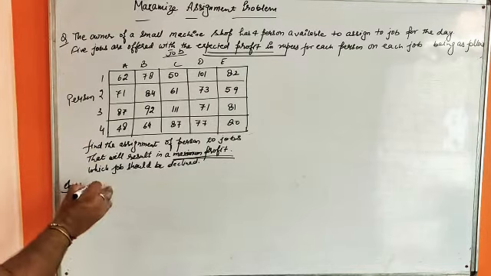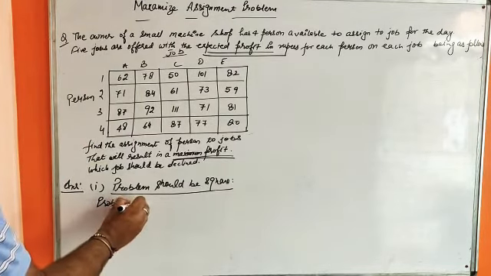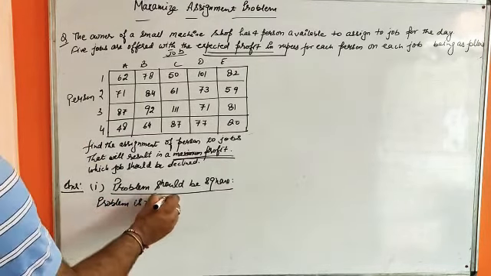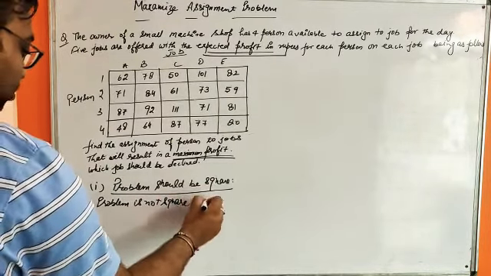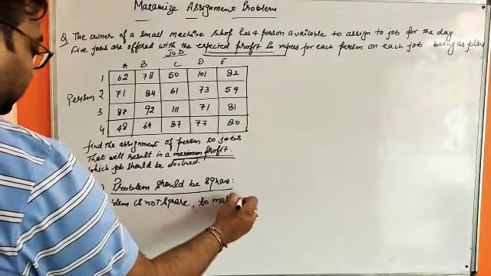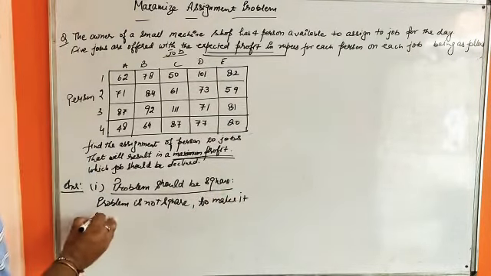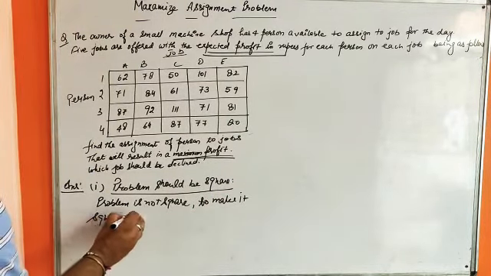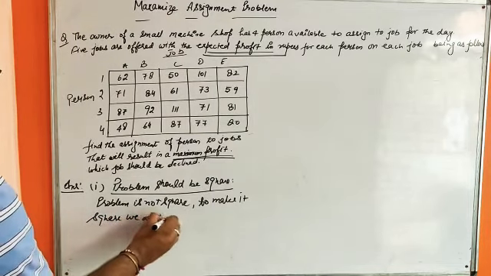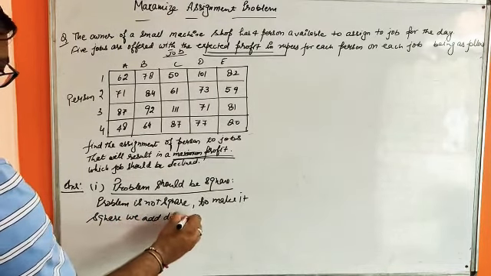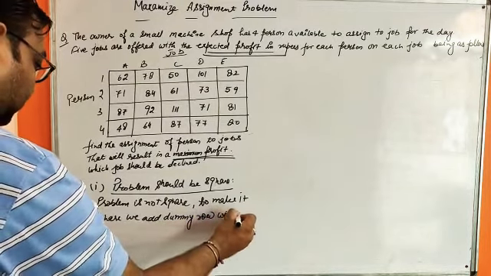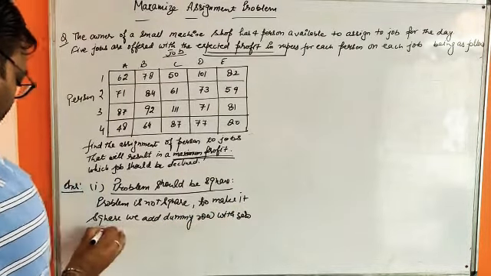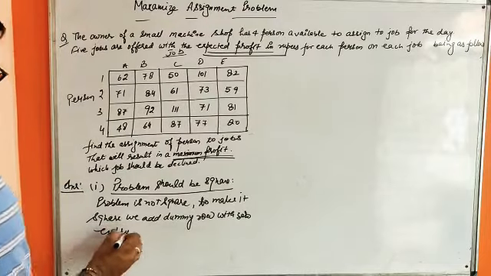The first step is problem is not square. To make it square, we add dummy row with 0 entry.